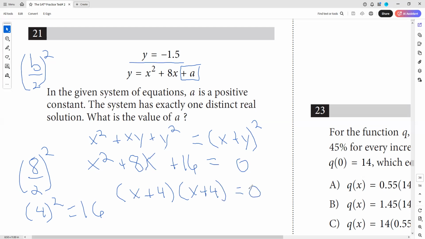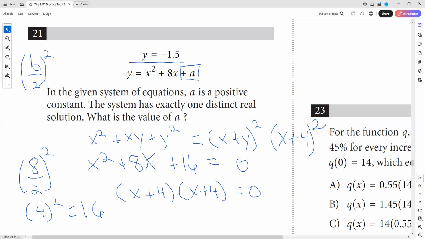So notice that x plus y, in this case my y is going to be the 4. In other words, x was x, but y wasn't there, there were numbers, so x plus 4 squared is the perfect square.